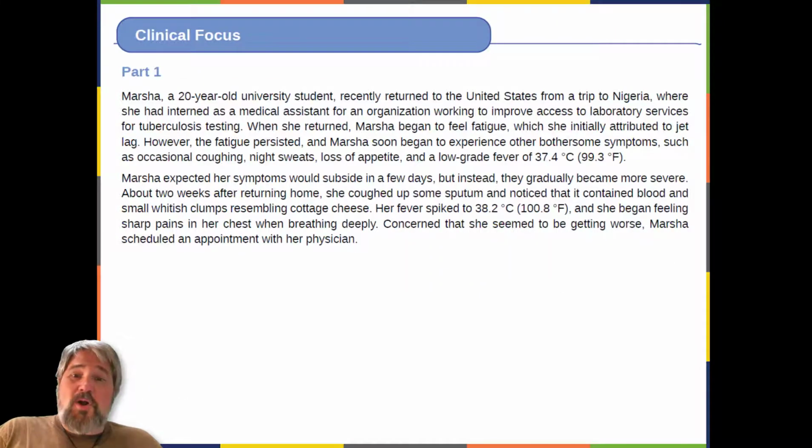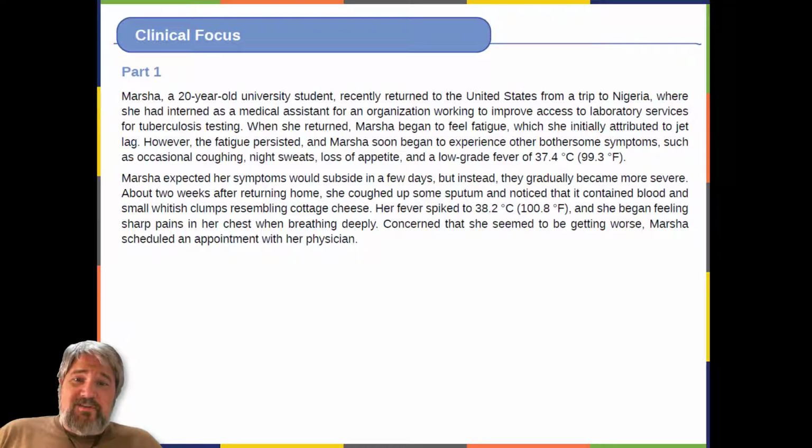Clinical focus, Part 1. Marcia, a 20-year-old university student, recently returned to the United States from a trip to Nigeria, where she had interned as a medical assistant for an organization working to improve access to laboratory services for tuberculosis testing. When she returned, Marcia began to feel fatigue, which she initially attributed to jet lag.